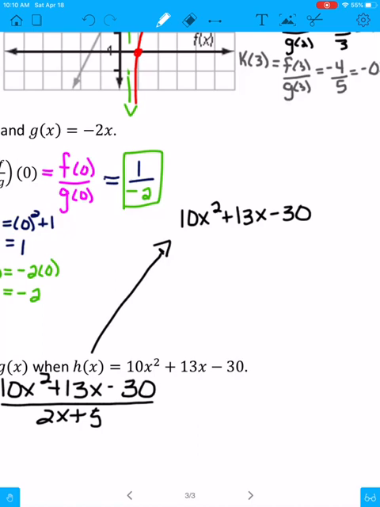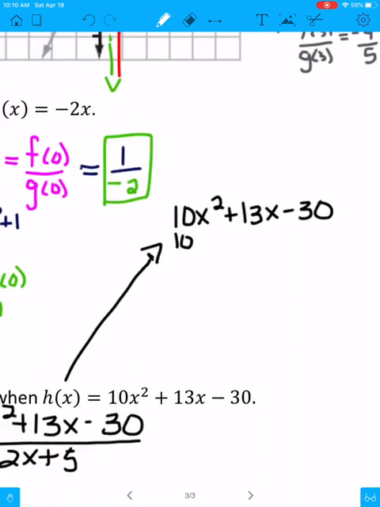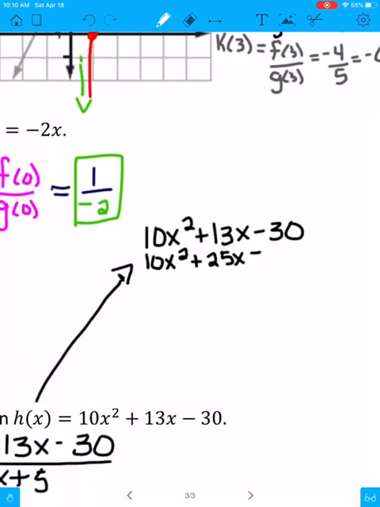Nope. 25 and 12 is what it is. So we're going to do 10x squared plus 25x minus 12x minus 30.